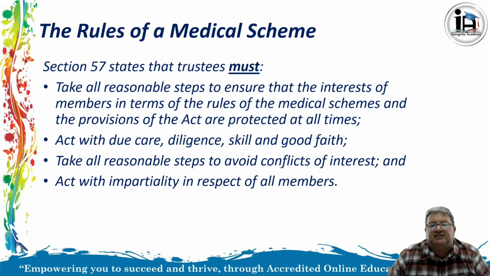Section 57 states that trustees must take all reasonable steps to ensure that the interests of members in terms of the rules of the medical schemes and the provisions of the Act are protected at all times. Act with due care, diligence, skill, and good faith. Take all reasonable steps to avoid conflicts of interest and act with impartiality in respect of all members.